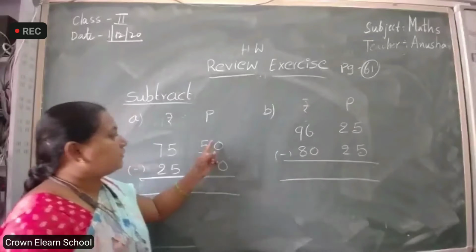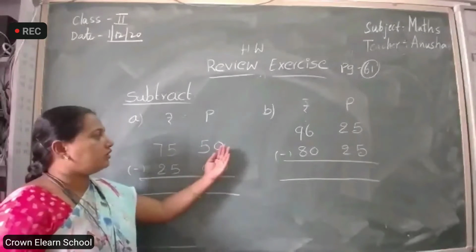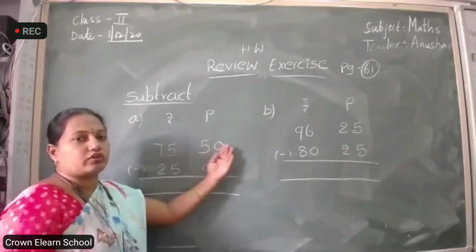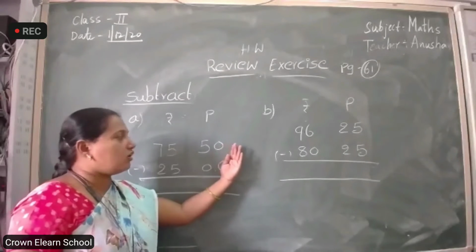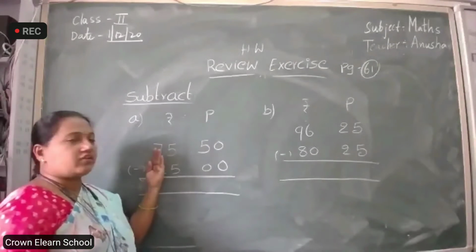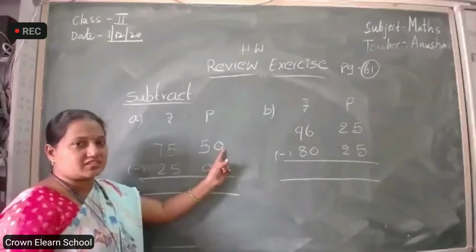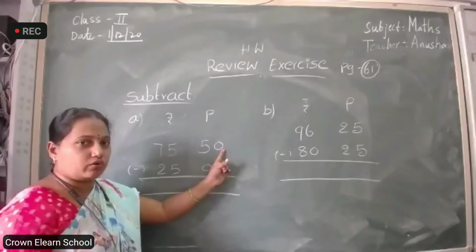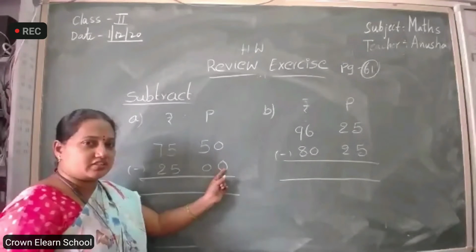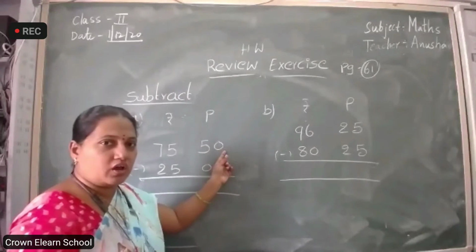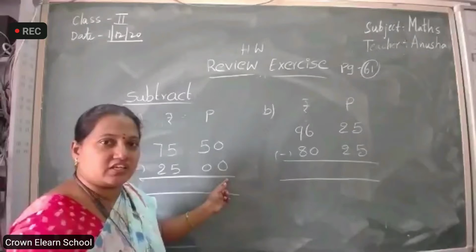First, we have to move right to left. What is the first number here? 0. What is the second number? 0. You have 0 and your friend is asking 0.